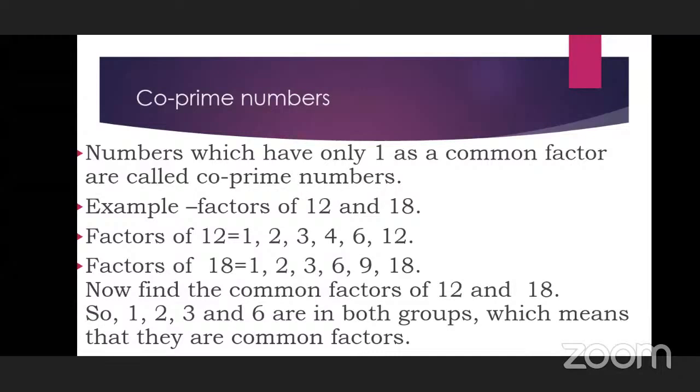See students, we have factorized 12 and 18. The factors of 12 are 1, 2, 3, 4, 6, and 12. Then the factors of 18 are 1, 2, 3, 6, 9, and 18.